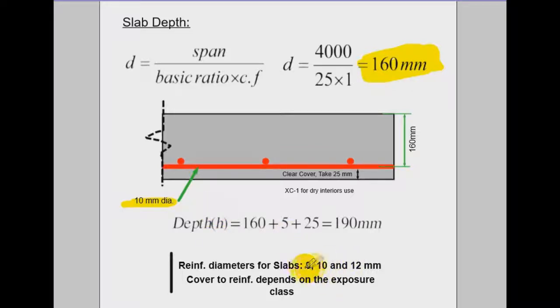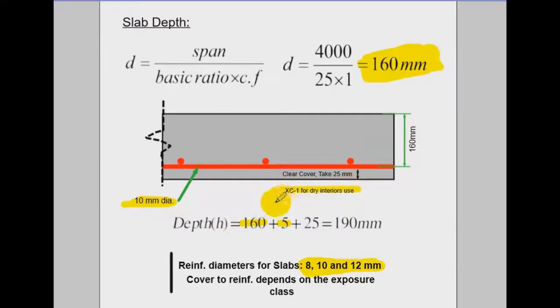Well, we can choose between this range, between 8 to 12. That's usually what you pick up for the slab reinforcement. So I'm assuming that it'll be having 10 millimeter diameter, and for this I need this distance, the rest here. So it is 160 plus 5, 10 divided by 2, so it is plus 5 here. And then usually you have this kind of exposure cover.